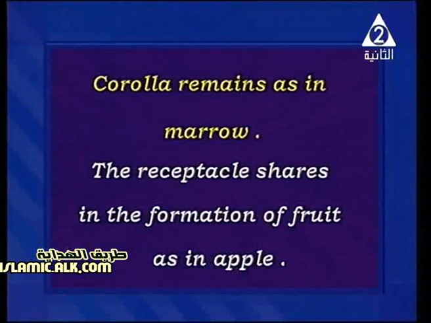Sometimes the receptacle shares in the formation of the fruit, like an apple, as we said, it forms what? Something called a false fruit. This is some information or some examples of the sharing of other parts of the plant, or remaining of other parts of the plant, after the process of fertilization of the fruit.